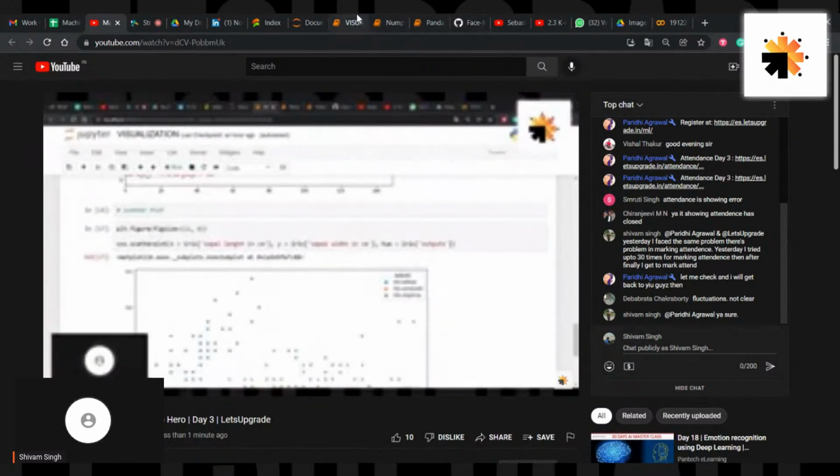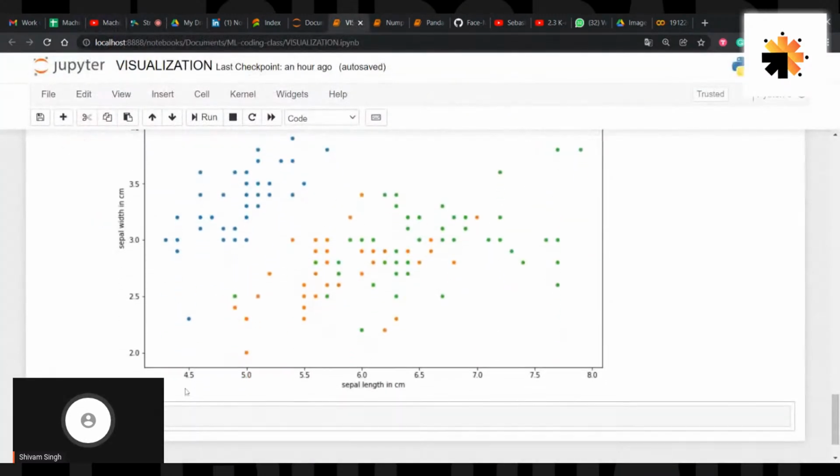No queries here. Fine, I can try to make a pair plot for you. A pair plot is going to give you the scatter plots, but of all the combinations, meaning sepal length against petal width and so on. All the combinations you are able to see over here.